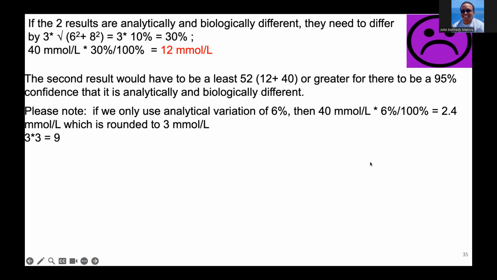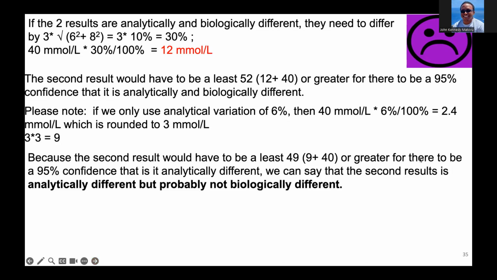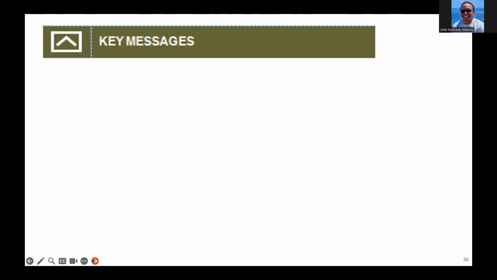And then if you're looking at your rule of 3, you're going to do 3 times 3, which will give you 9, right? Because the second result would have to be at least 49, because it's 9 plus 40, or greater for there to be a 95% confidence that it is analytically different, we say that the second result is analytically different, but probably not biologically different, right? Because it wasn't higher than that.